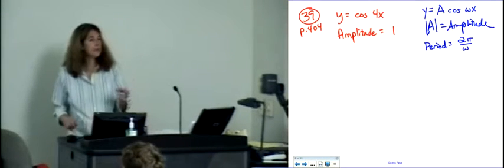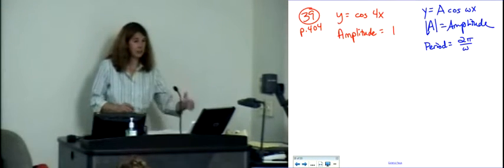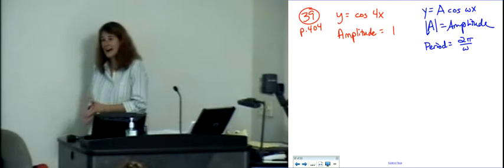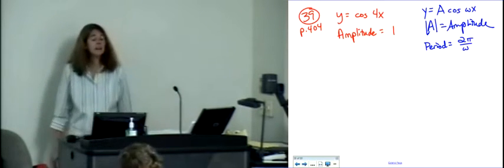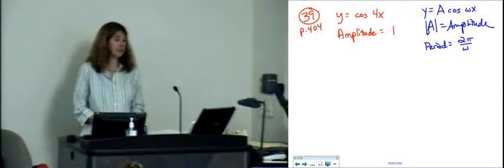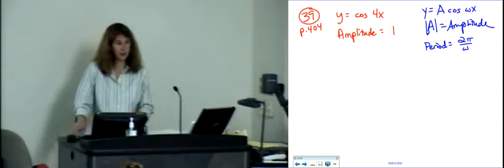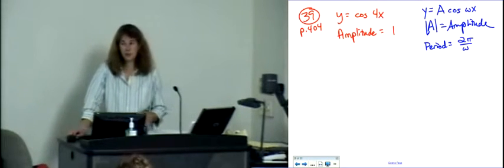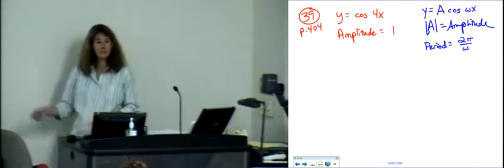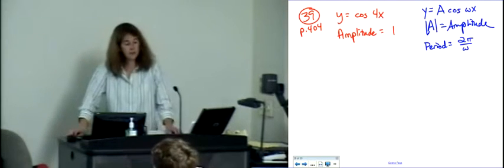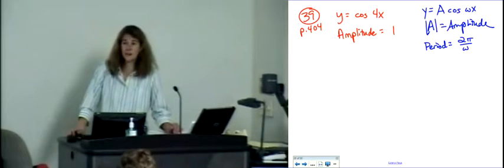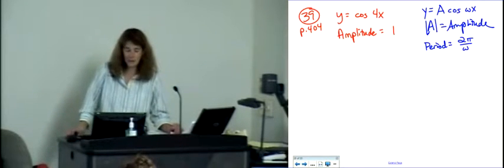Let me put in here also, though, if you're working with a tangent or a cotangent, since their period was pi on the general graph, then to get the period of any tangent or cotangent graph, you will just use pi over omega. It's based off what the period is from the function. So pi over omega if you're doing cotangent or tangent, everything else, 2 pi over omega.